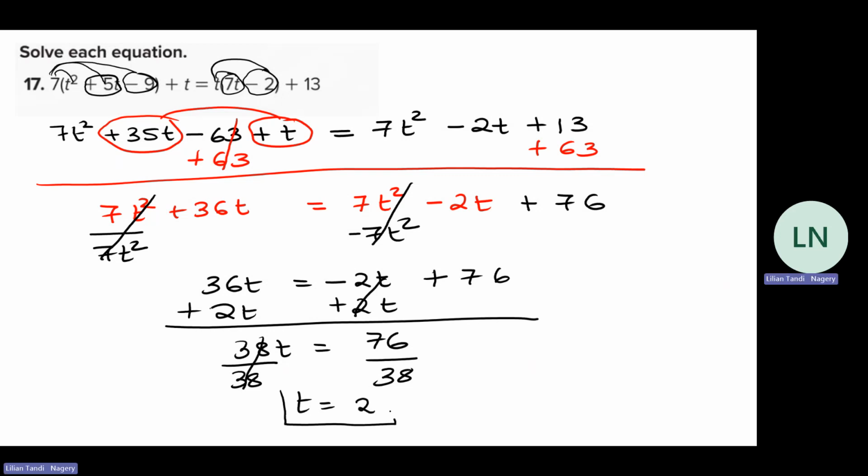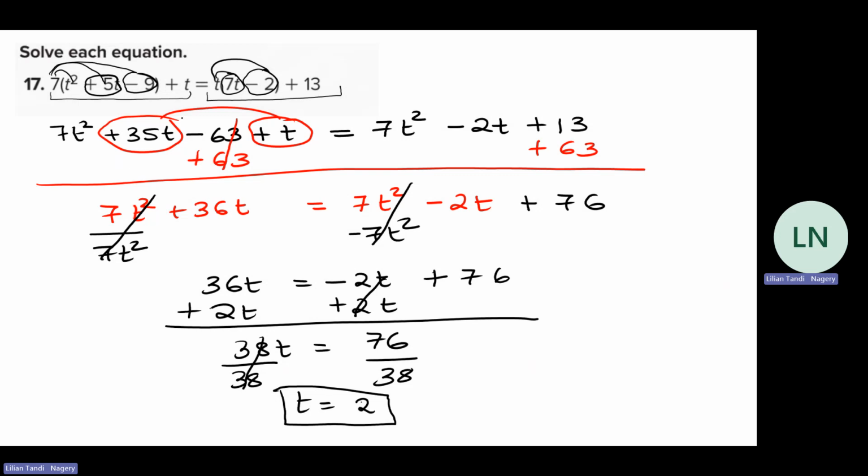And I box my answer. But I can check my work. Substitute t back into the equation, the answer you get on this side should be the same answer you get over here. If your answers are different, we solved wrongly. That's what that means.